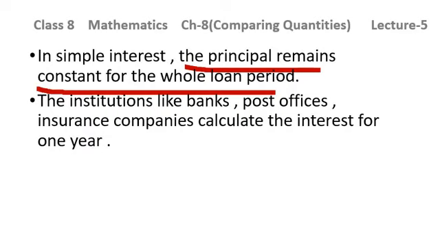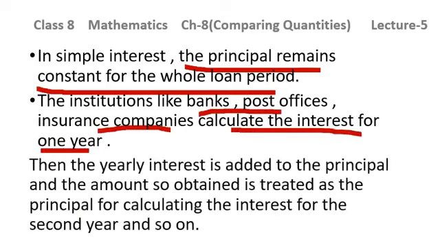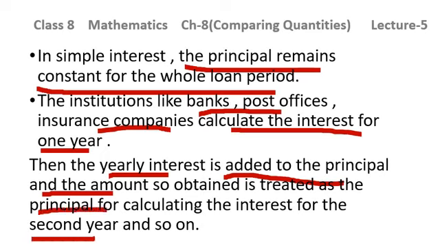They calculate the interest for 1 year, and then the yearly interest is added to the principal, and the amount so obtained is treated as the principal for calculating the interest for the second year and so on. I will be explaining it with the help of an example also.